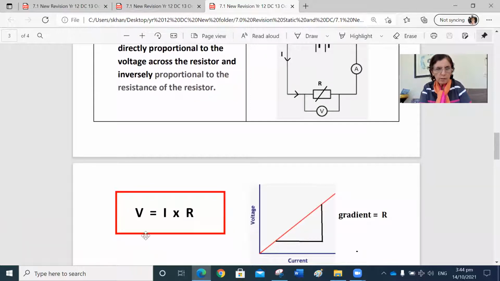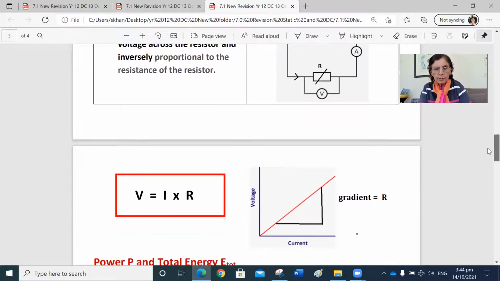We can see over here that if voltage is increased, current will increase. And if voltage is kept constant, then by increasing the resistance, current will have to decrease. So that's the relationship between voltage, current, and resistance. We can also write it as I equals V over R.